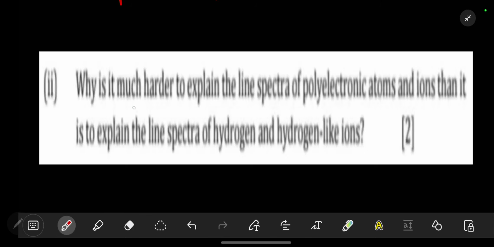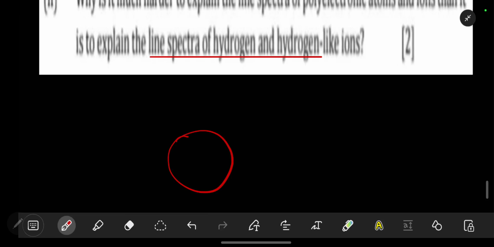Then this question says, why is it harder to explain the spectra of polyelectronic atoms and ions than it is to explain the line spectra of hydrogen and hydrogen-like ions? Firstly, hydrogen only has one electron, so the behavior of that one electron is very easy to describe.